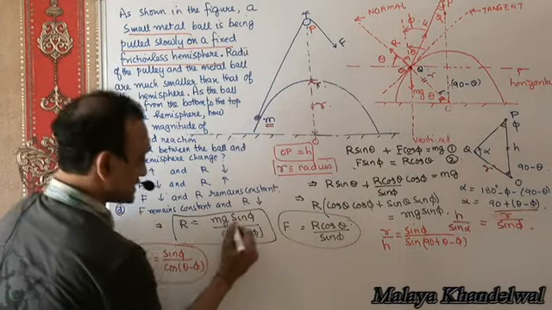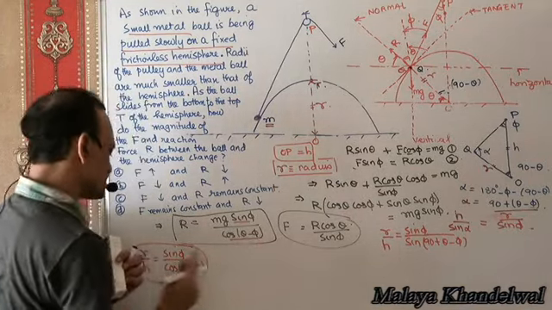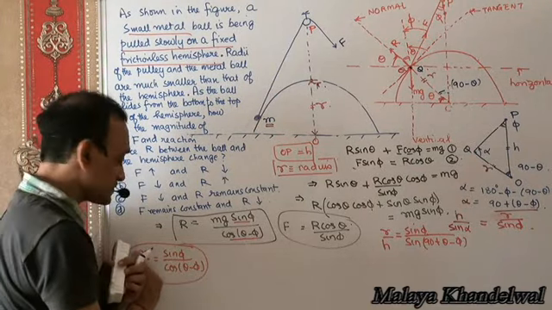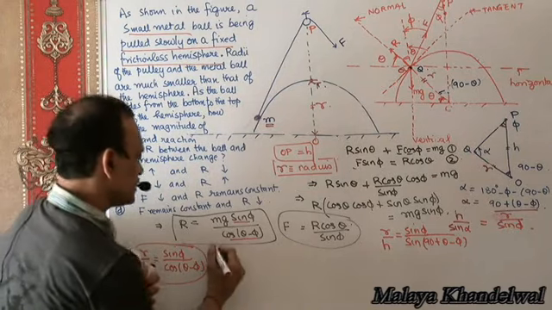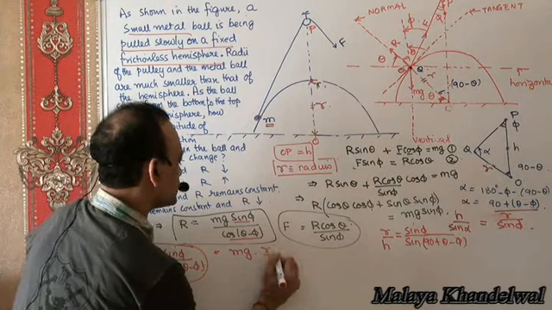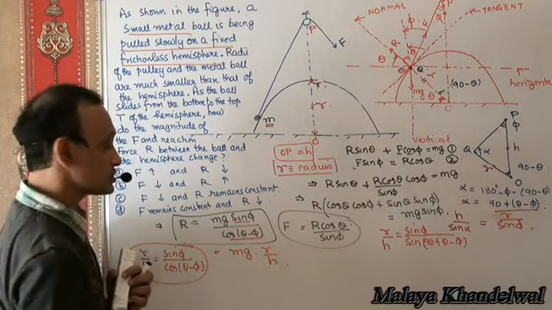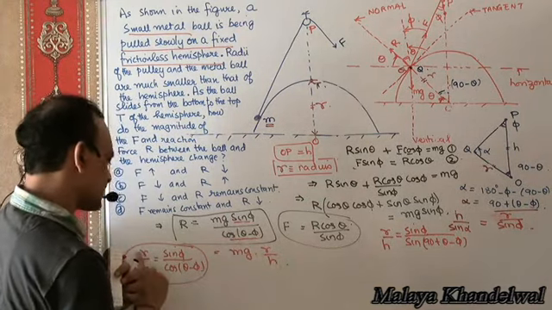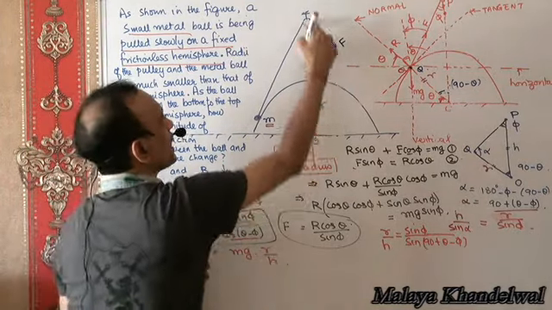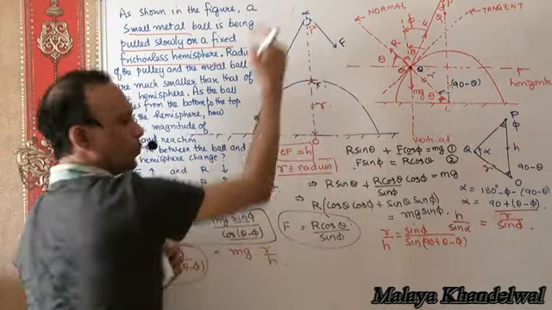Sine phi divided by cos theta minus phi is the radius of the hemisphere divided by the height of the pulley. So R is like mg into r by h. Sine phi by cos theta minus phi is r by h. r is the radius of the hemisphere. h is the height of the pulley above O, right?